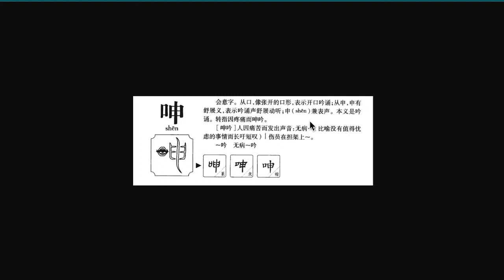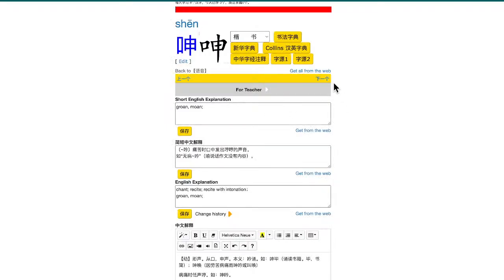This means that when you are in great suffering, when you groan and moan, the sound you make is also not like a short spurt. Usually it's like an extended groan. Okay, so it tries to stretch out your sound. So that's why they use this 申 over here. So this is the 申 of 呻吟.